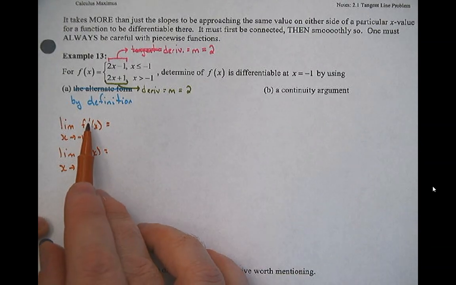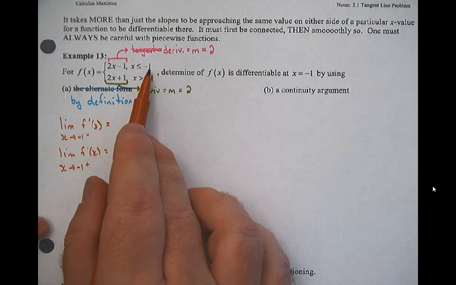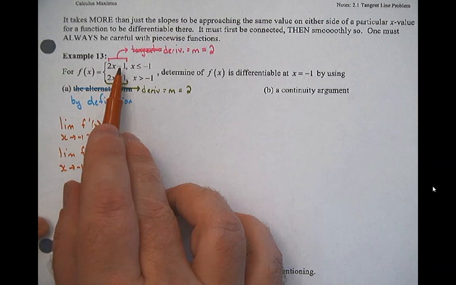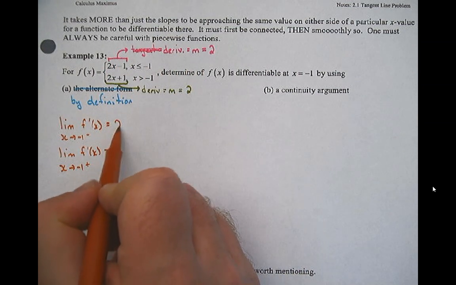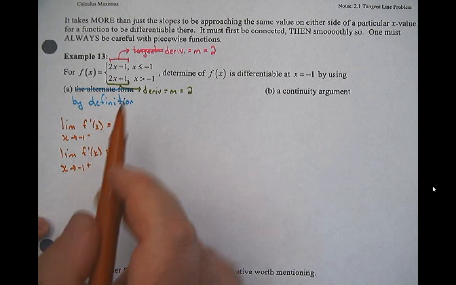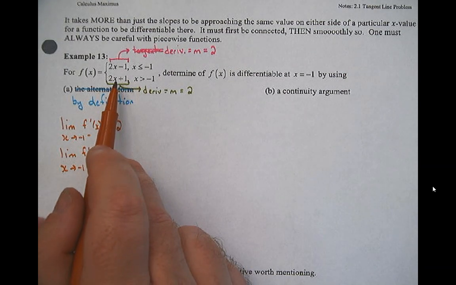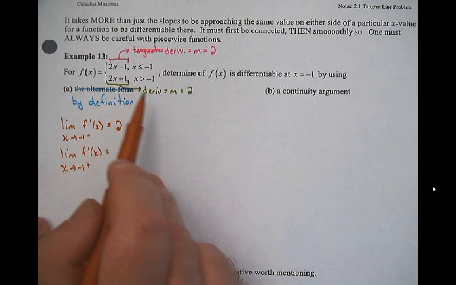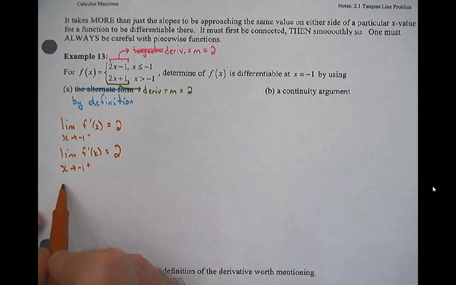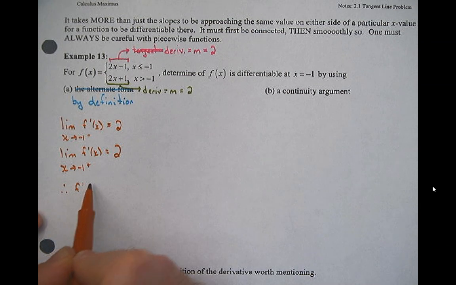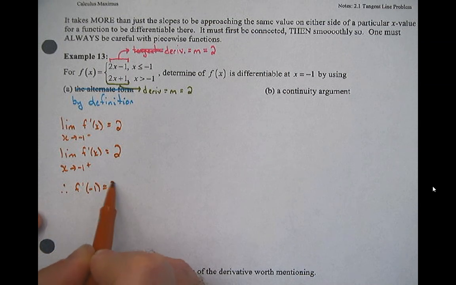What's the derivative of my function on the left side? Well, the left side of -1 would be this function, whose slope is always 2, so the derivative has to be 2. The derivative from the right would be the slope of this function, which turns out to be 2. So what does that mean? Therefore, my derivative, f prime at -1 equals 2.